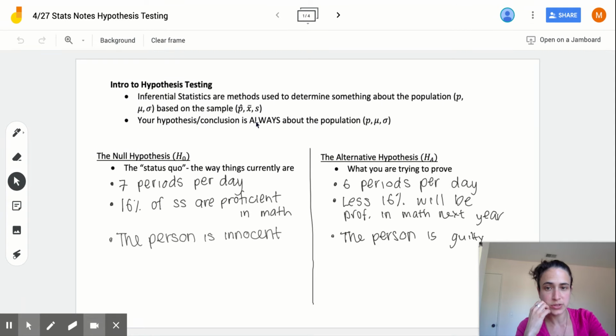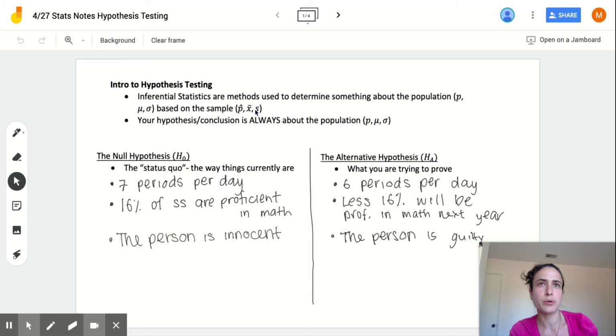The first thing you need to note is when you write your hypotheses, they should always be about the whole population. That's a really important sentence I put here. When you're writing your hypotheses using symbols, you should not have hats in your hypotheses. What I mean by that is no p hat, no x bar, because a hypothesis should not be about a sample.